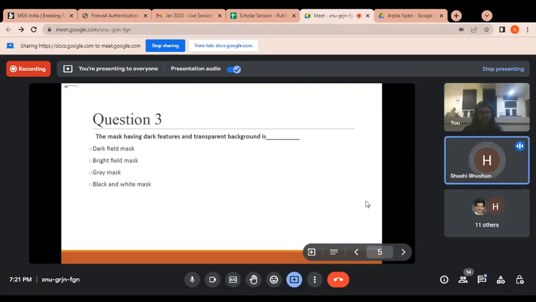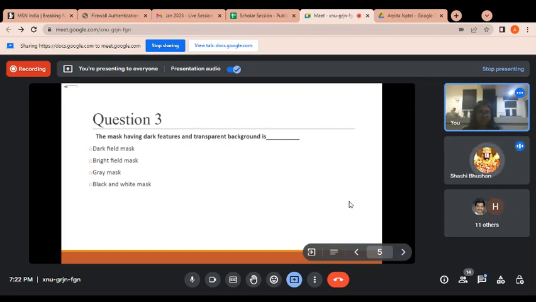Yes, I think it is dark field because, as I said, it has dark features and a transparent background. Why is it dark field? Why is it not bright field mask? Can you explain? As I understood from the question, the background is dark. It's a transparent background, no. The background is not dark. Actually, the feature we want is dark, and the background is transparent.